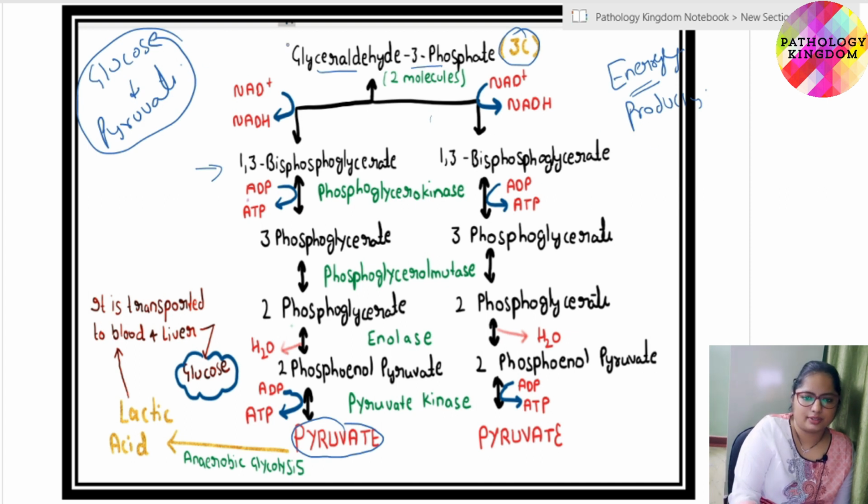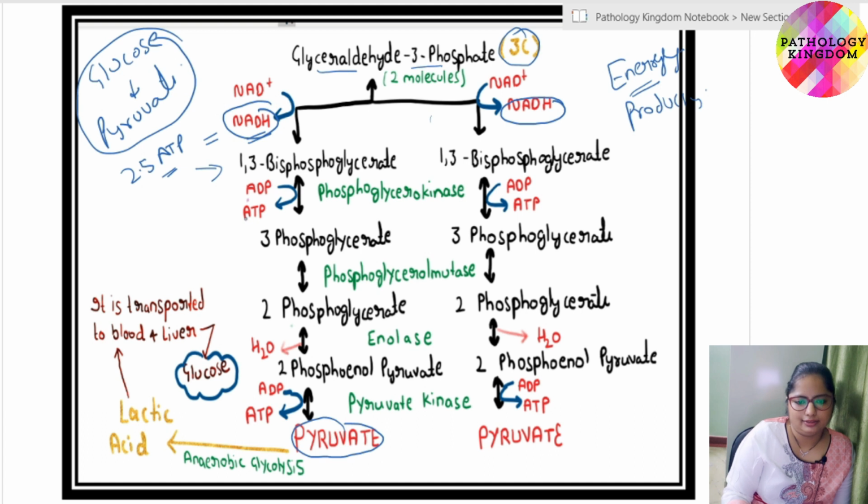In this, when glyceraldehyde 3-phosphate is converted into 1,3-bisphosphoglycerate, NADH is formed, and this NADH is equal to 2.5 ATP. And when phosphoenol pyruvate is converted into pyruvate, there is production of ATP.